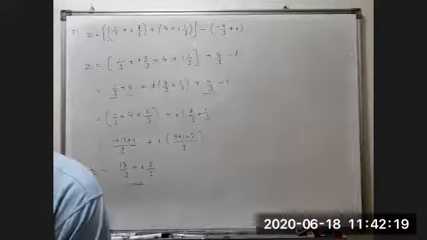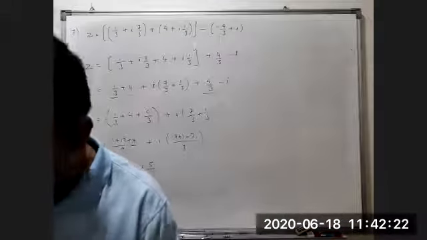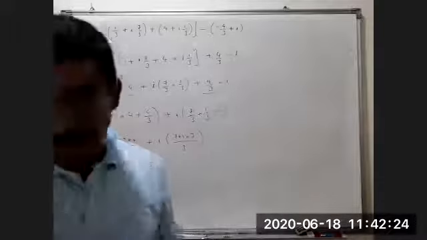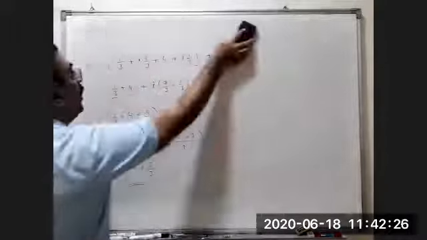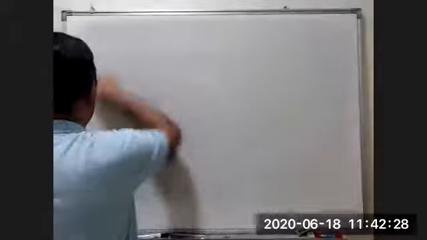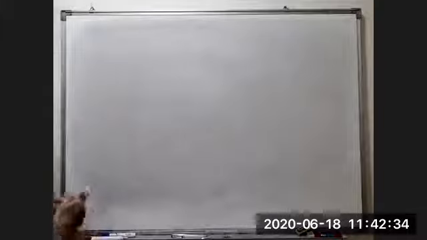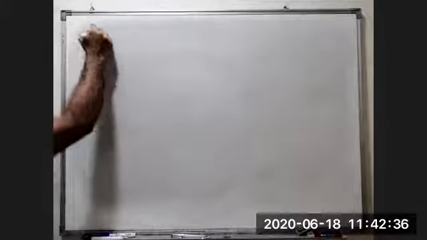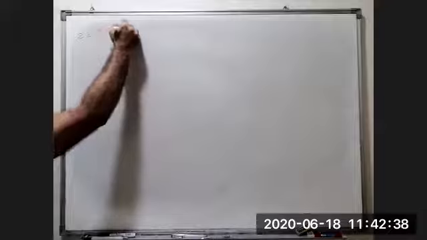Now coming to question number 8. Z is equal to 1 minus i the whole raised to 4.